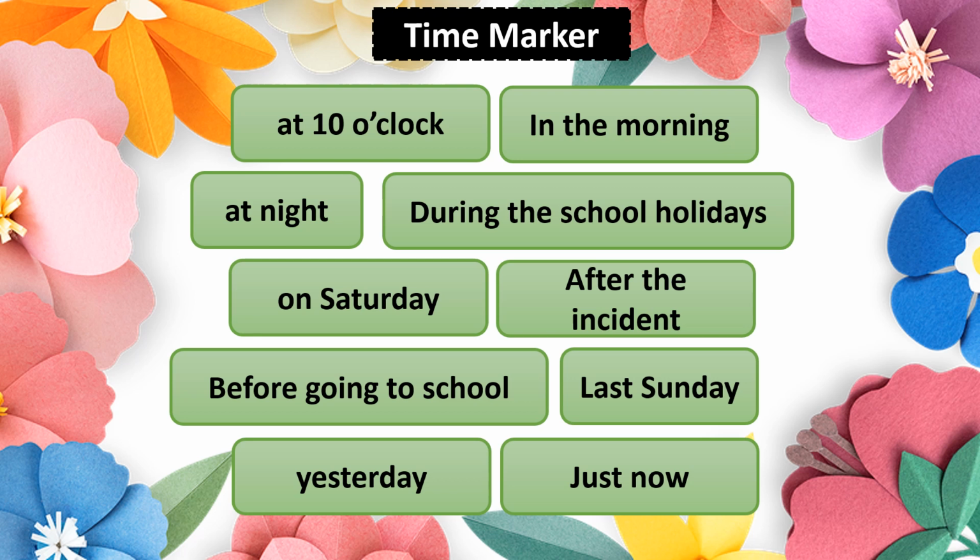So these are the time markers that you can use in your essay. For example, at 10 o'clock, in the morning, at night, during the school holidays, on Saturday, after the incident, before going to school, last Sunday, yesterday, just now.